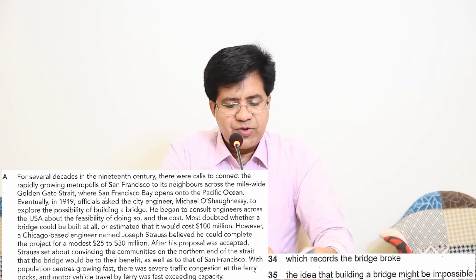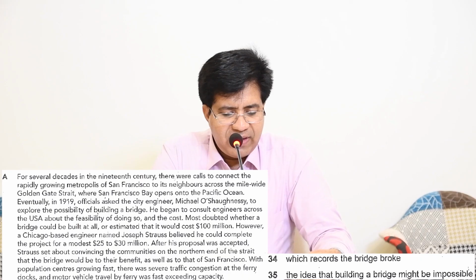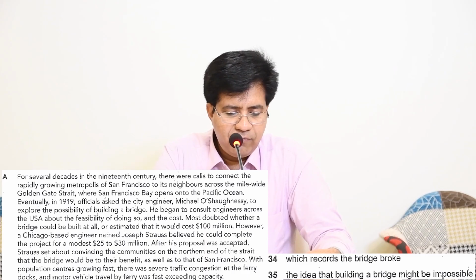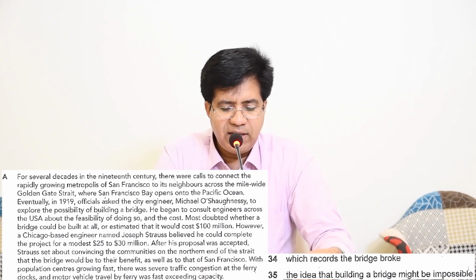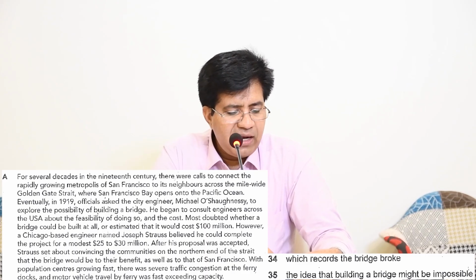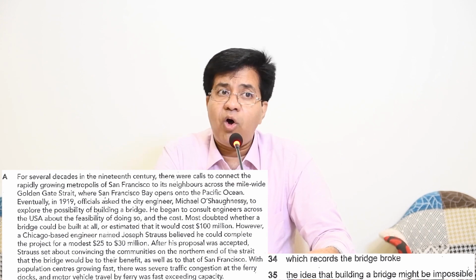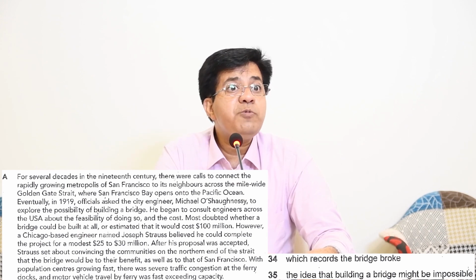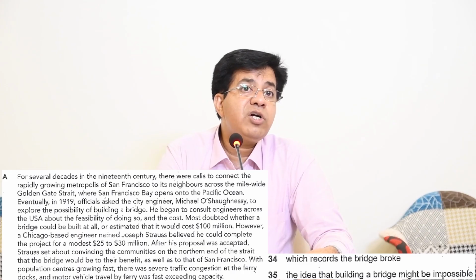Okay, now let's read it from there. Please come to paragraph A, and I'm going to read it from most doubted. Found it? Sixth line. 1, 2, 3, 4, 5, sixth line. Most doubted whether a bridge could be built at all. For possibility, they use the words could be.